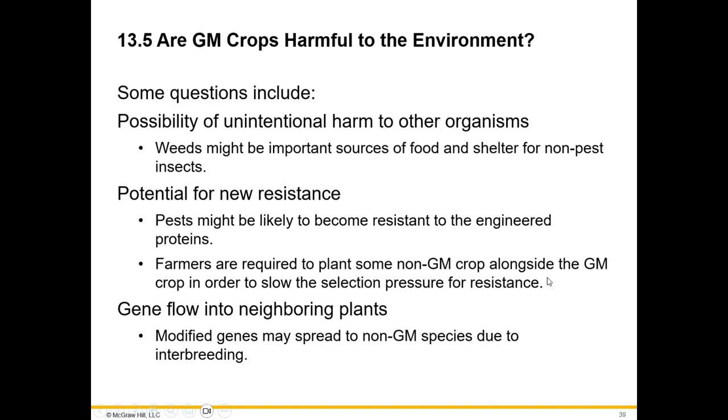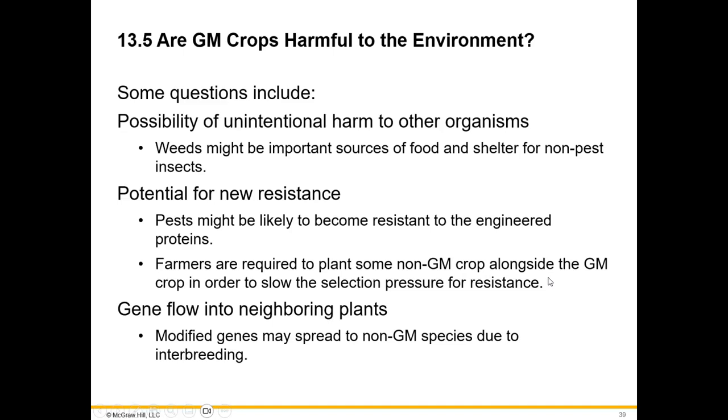Another question is the question of resistance. So as we know, as time goes on, bacteria, humans, viruses, everyone has the ability to develop this resistance to engineered proteins, to proteins in general. It's why we have to continue coming up with new kinds of vaccines for different strains of the flu, because resistance is something that is happening in genes of all species.